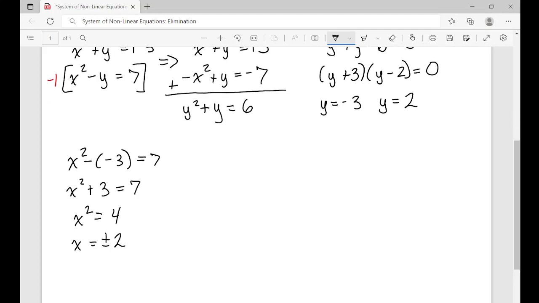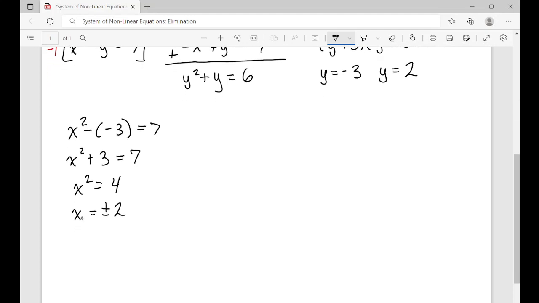So what does that actually mean? It means that x is a positive 2 and a negative 2 when y is negative 3. So I'm going to have two solutions, a positive 2 and a negative 3, and a negative 2 and a negative 3. So here are two of the solutions.